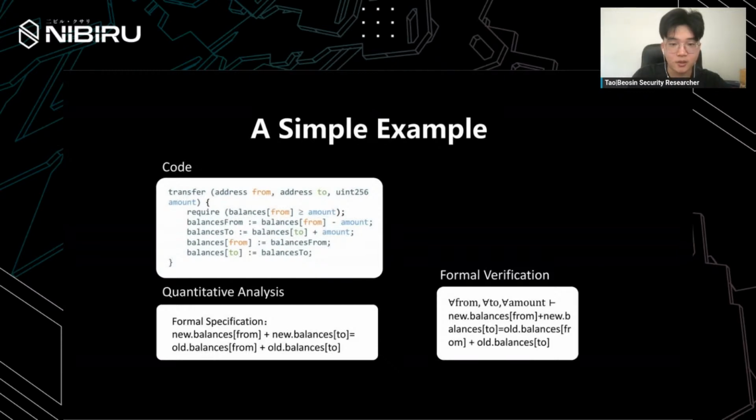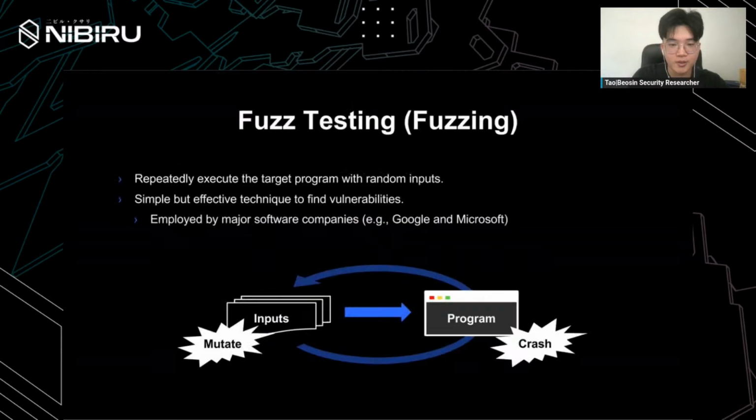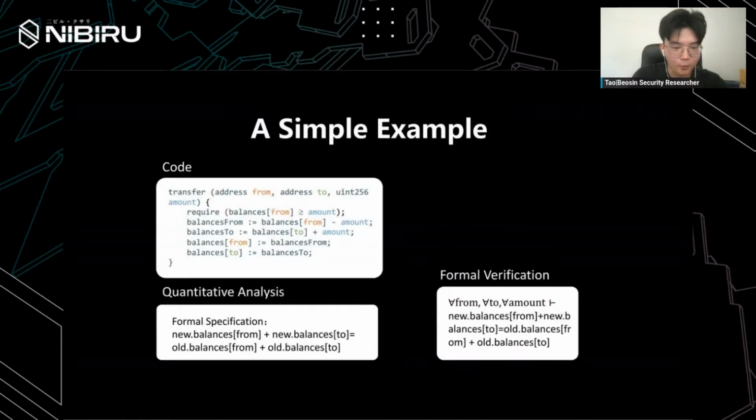So that's the case in which we can remove the bugs in the code. So I think you can have a basic understanding of formal verification.